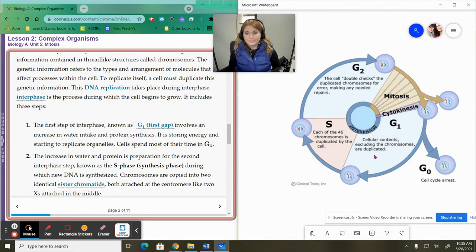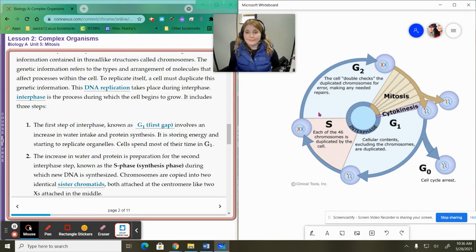The cell is growing here. It's duplicating everything in the cell except for the chromosomes. So all the organelles are being duplicated. The amount of cytoplasm is being increased to make a larger cell. All that is happening in the G1 phase. Then our S phase is when we have replication of the DNA. The DNA unzips and a new strand of DNA is made, two new strands where once there was just one.